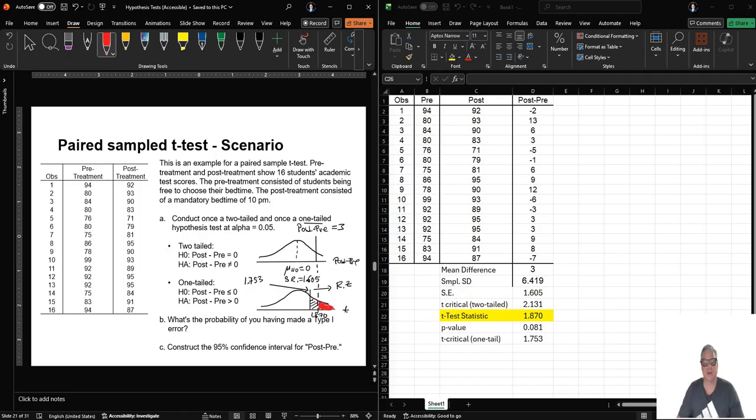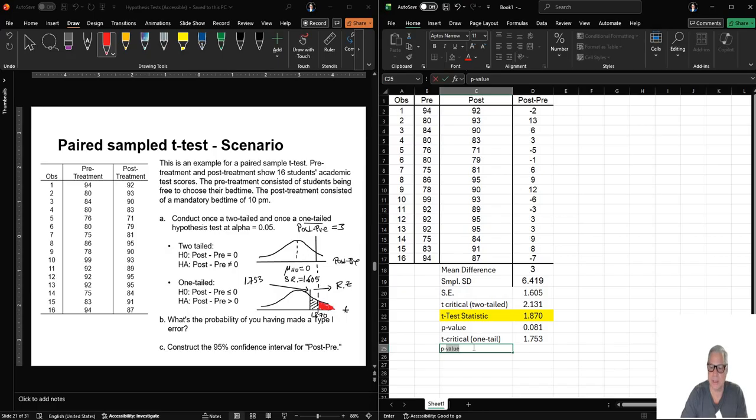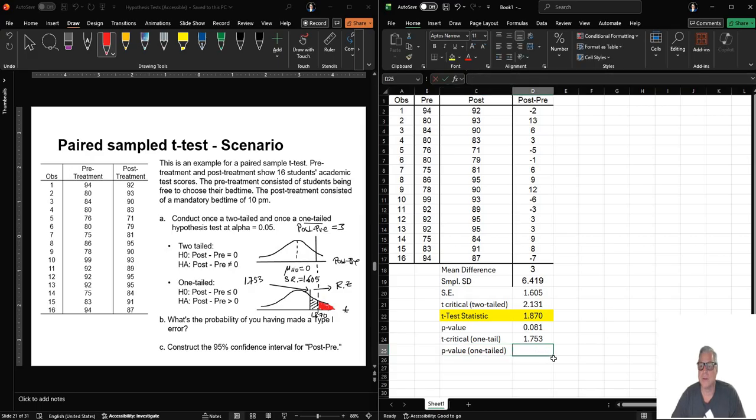And so how big is this probability that we made a type 1 error? Well, this is then the p-value again, and specifically the p-value associated with the one-tail test. P-value one-tailed. So now we just use again t.dist, and I want to know the area to the right of 1.753.